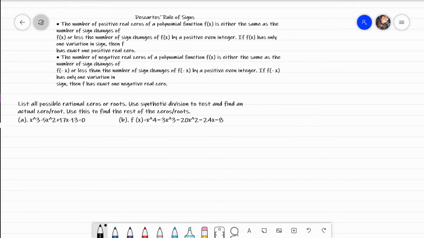Then from this information, we're going to use it to find the rest of the zeros. That's really where Descartes' rule of signs comes into play, because if we have X amount of possible zeros, and even if we can find one zero, we need to be able to find the other zeros.